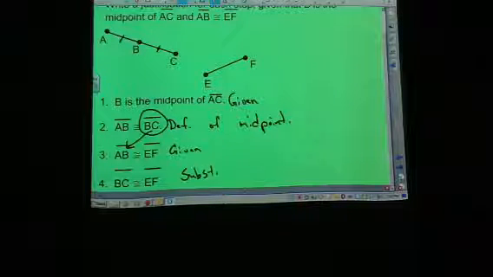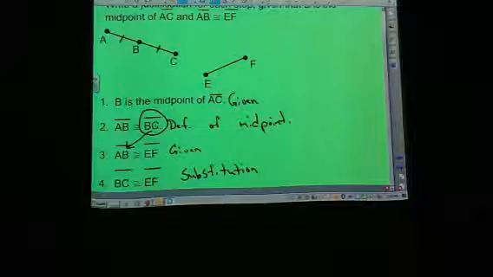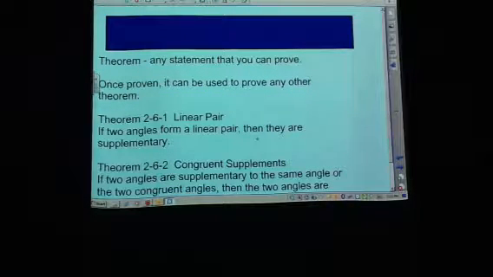Now I hear you, you could make a case for the transitive property right there, if you have A is equal to B and then B is equal to C. But I think in this situation, all they're doing is plugging that BC in for the AB. So I'm going to call that substitution. But very smart. Very good job.